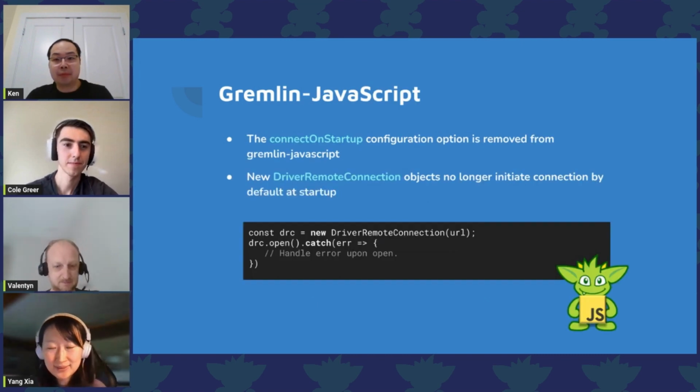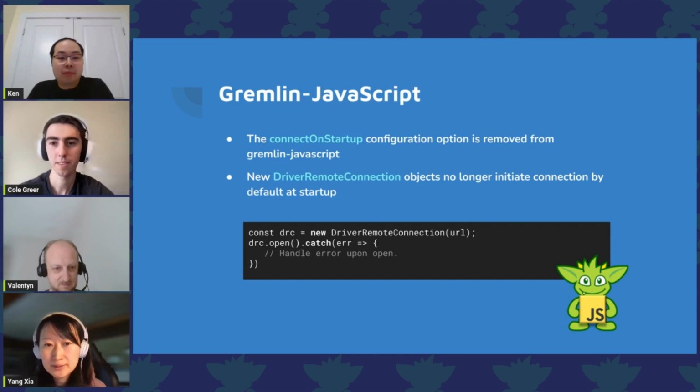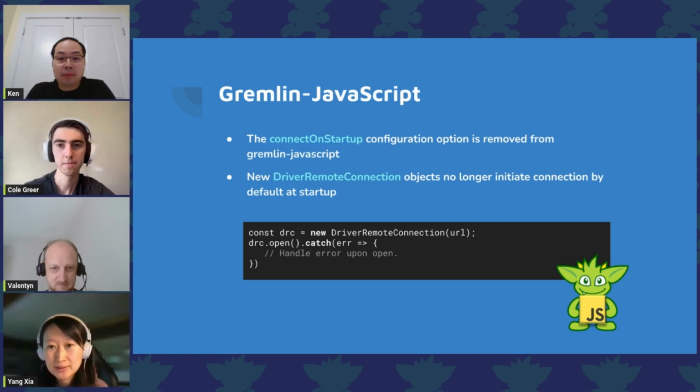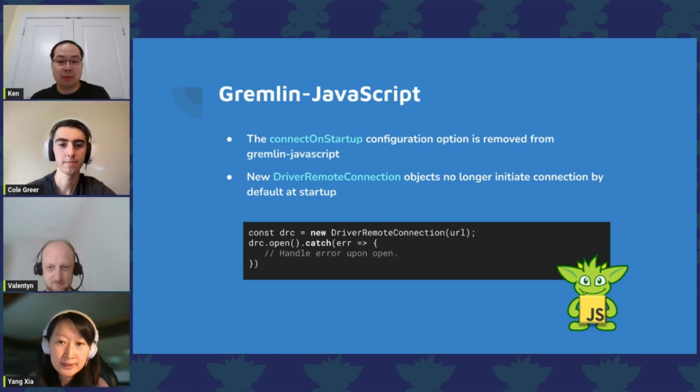Yeah, thank you. So I'm just going to comment on a change in Gremlin JavaScript for 3.7. To resolve some potential unhandled rejections and race conditions caused by the connect on startup configuration, we have removed this option from the JavaScript driver.